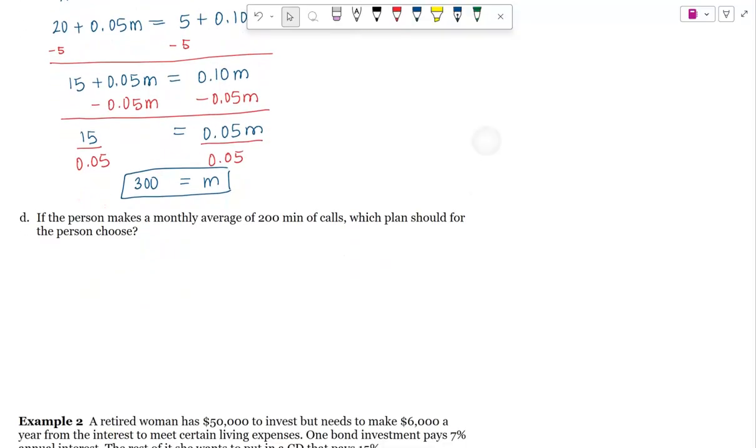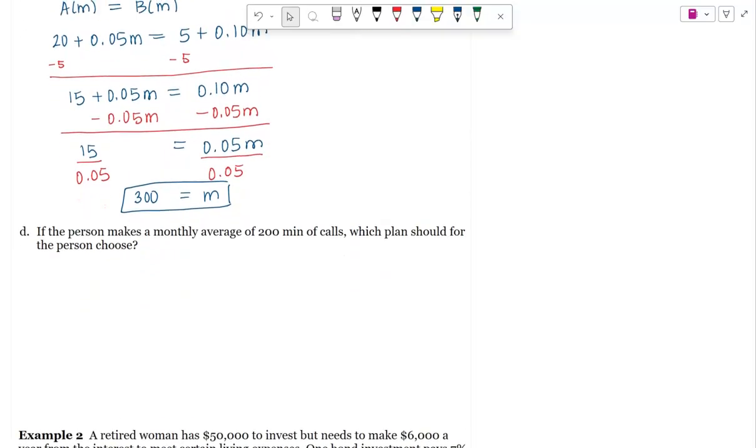For part D, if the person makes a monthly average of 200 minutes of calls, which plan should the person choose? So we want to figure out how much plan A will be if we use 200 minutes.